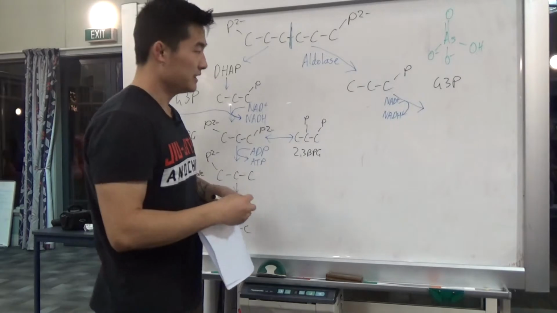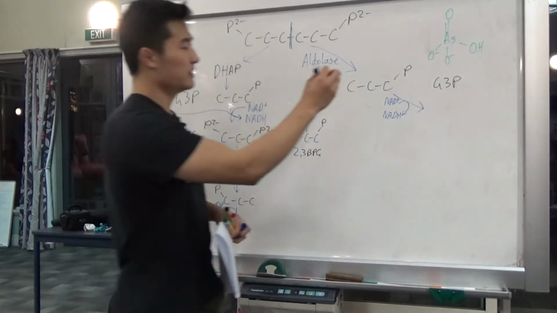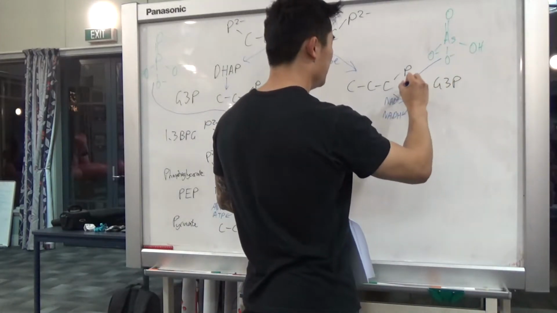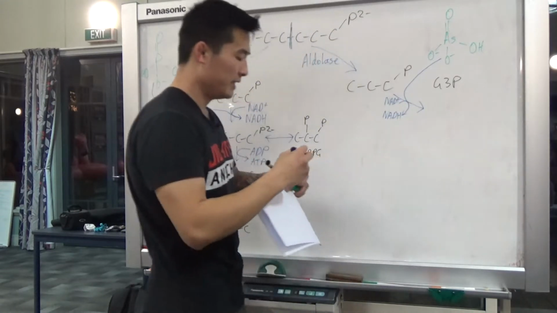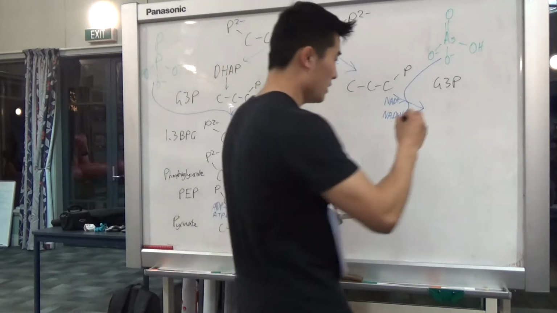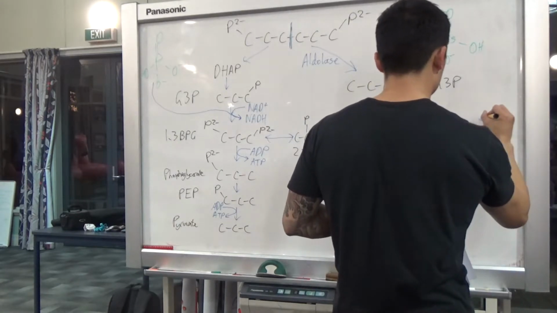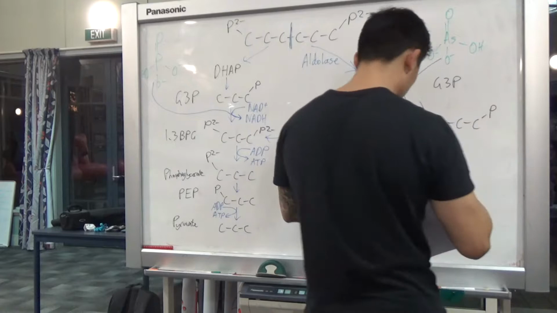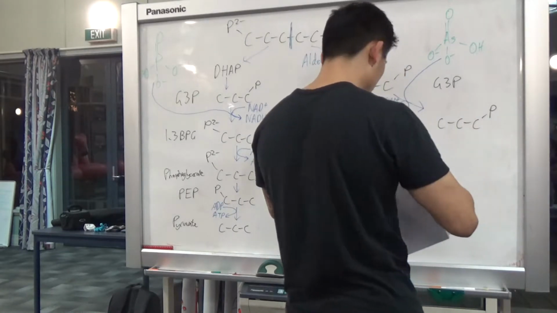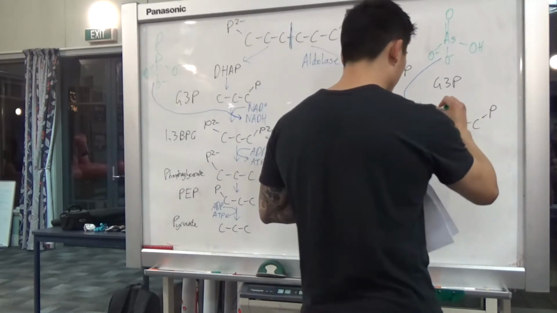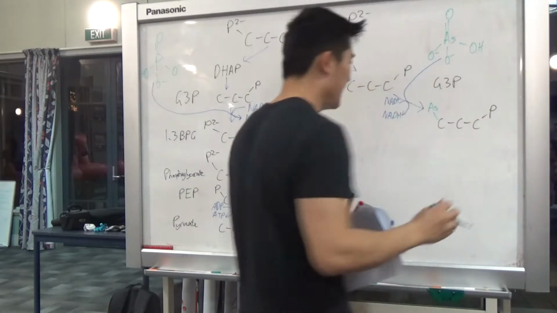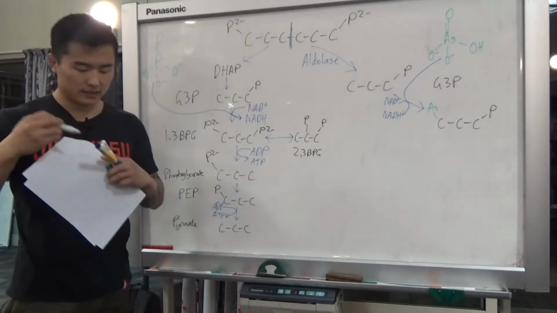But this time, instead of using a phosphate, it's going to use this arsenate, and it's going to be put on this G3P. So you're going to end up with this molecule here, which has got arsenate on it instead of phosphate.